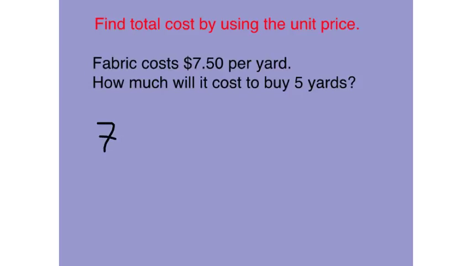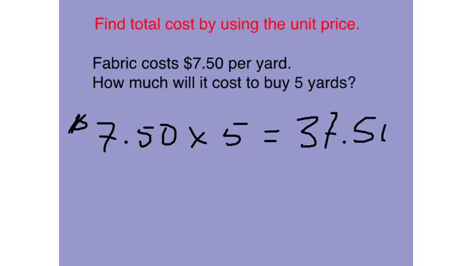My unit price is $7.50. But since I'm going to purchase more than 1 yard, I have to multiply it times 5 to figure out how much it's going to cost me for 5 yards. So $7.50 times 5 is going to give me a total of $37.50, and that's how much it would cost to purchase 5 yards.